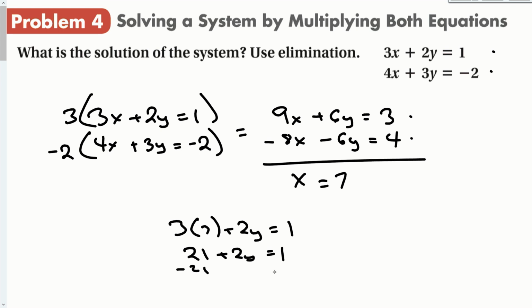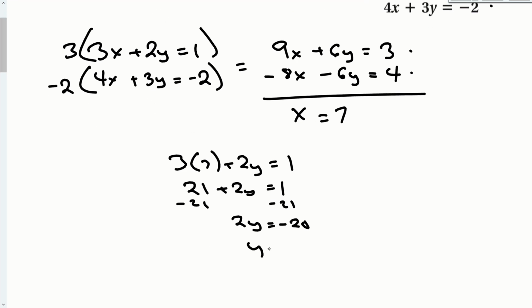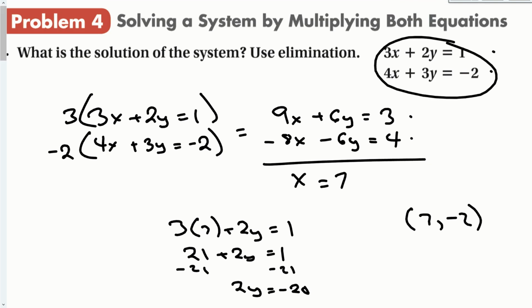Subtract 21 from both sides gives me 2y is equal to negative 20. So y is equal to negative 2. My answer, x comma y, which is the place where these two lines intersect.